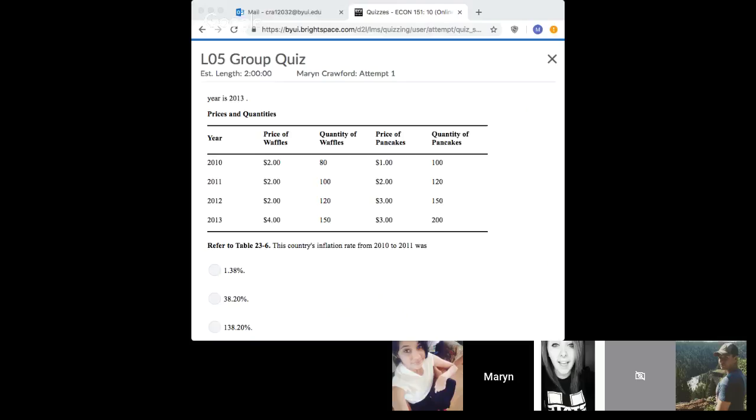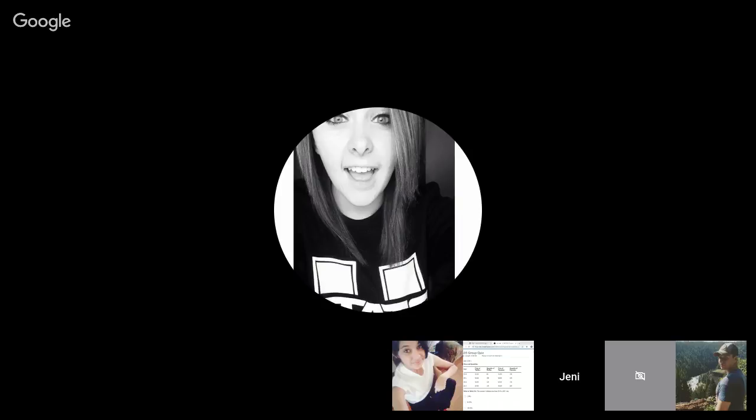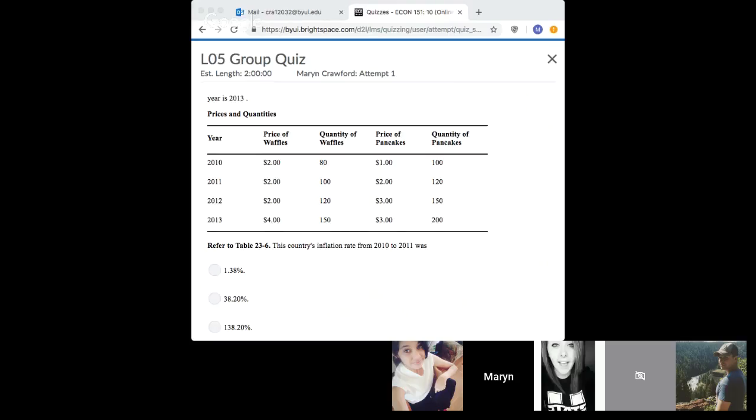Is that right? Yeah, based off of the base year, which would be the first year. Okay, so the nominal is $2 times 80 plus $1 times 100, which is $2.60.